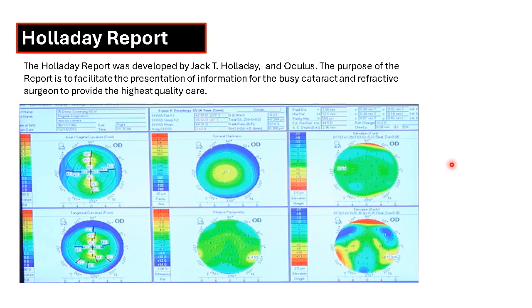And this report is made for any busy practice in which you need to classify or assess the patient properly before any refractive surgery, because it contains all the data that you need to take a decision regarding your patient as far as refractive surgery. So it is a very important component of the Pentacam printout, and should be read carefully and you should understand all the items, including this report.